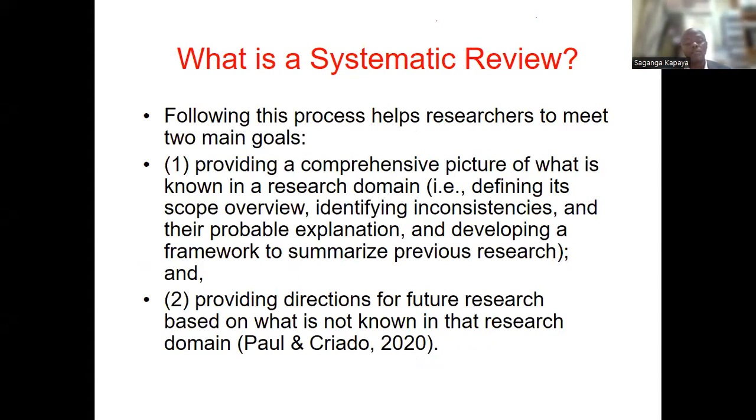That is the first goal. The second one is to provide directions for future research based on what is known in a specific research domain. So this is very useful for people who want to publish papers. This is also very useful for people who are doing PhD and those who are doing masters in their research.